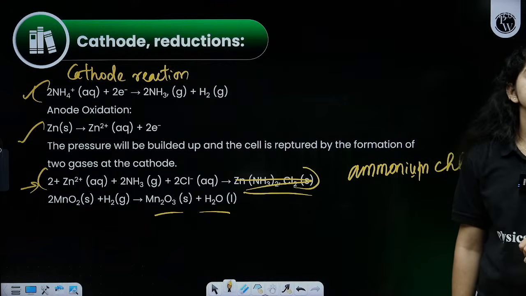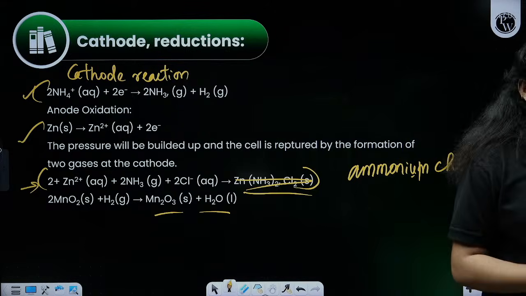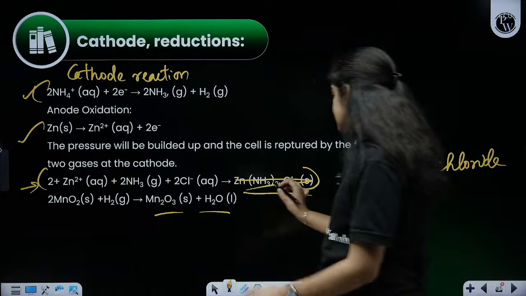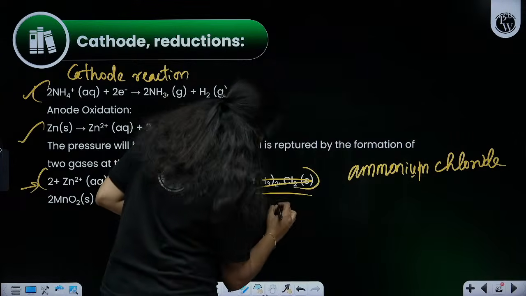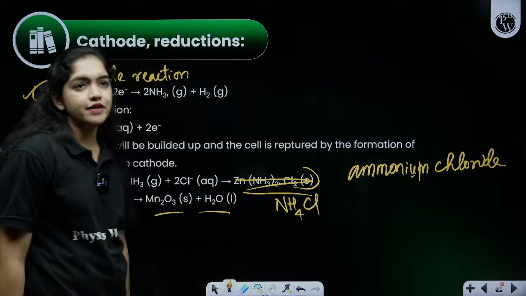Okay. Clear? Any doubt? Any doubt here? Ammonium chloride will be formed. That is NH4Cl. Here there is a slight mistake. That will write here. NH4Cl. Ammonium chloride will be formed.